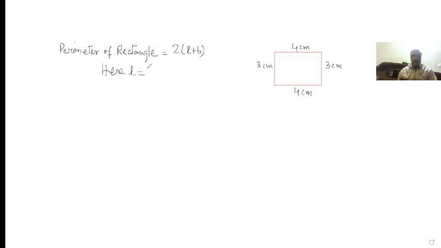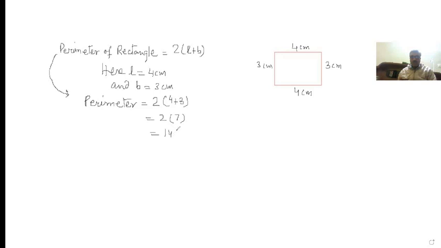Length is 4 centimeter and breadth is 3 centimeter. Therefore, the perimeter is equal to 2 into (4 plus 3), which is 2 into 7, that is 14 centimeter. Therefore, the perimeter is 14 centimeter.